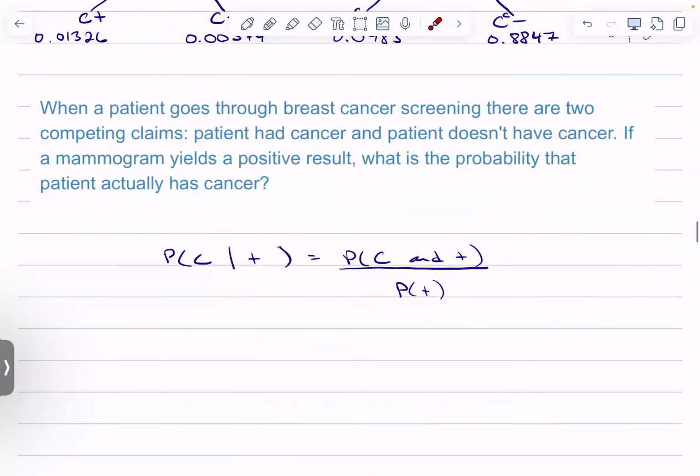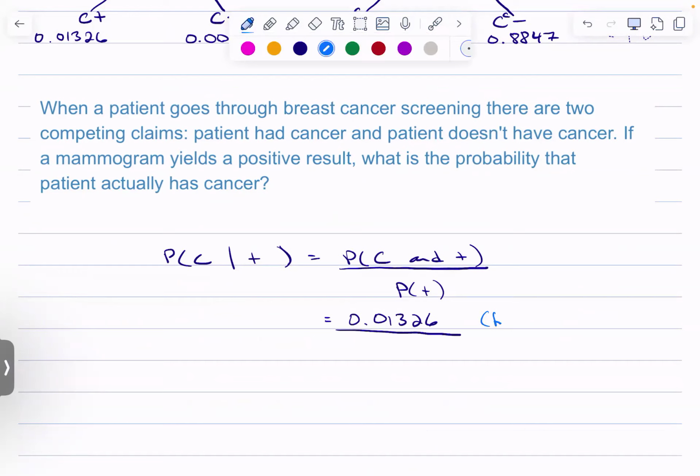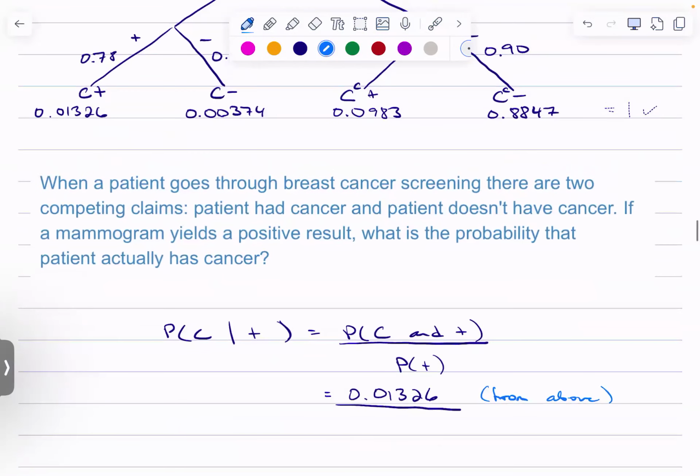So here, this is going to be 0.01326, from above. You already did all that work. Now we just use the probabilities that you found.